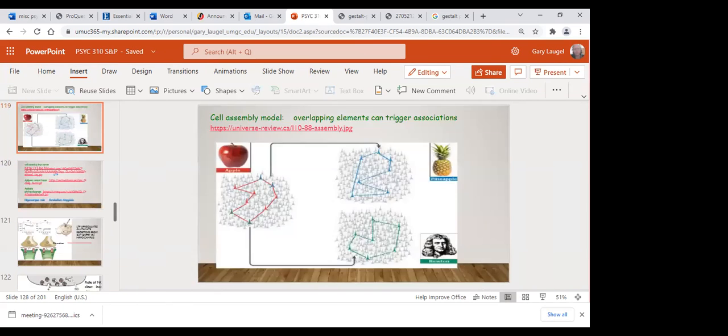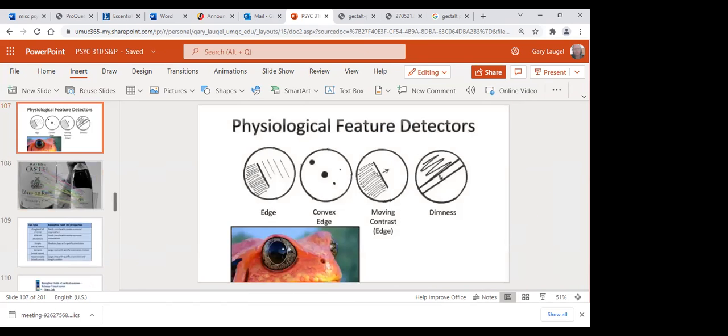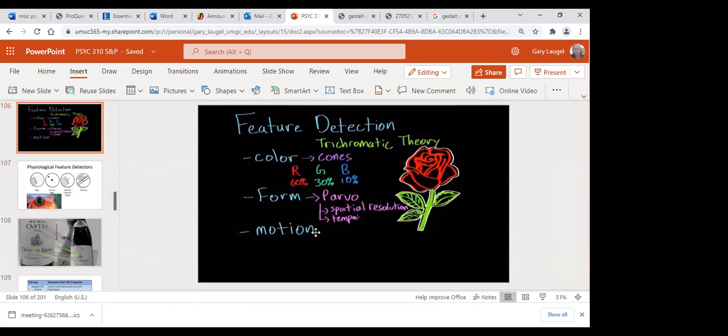We said there are different features going on in the flower: form, color, and movement. Motion is one of those things. Distance is something that motion helps to show us, including motion parallax. So movement is one of those features that we can appreciate in the process of feature detection.